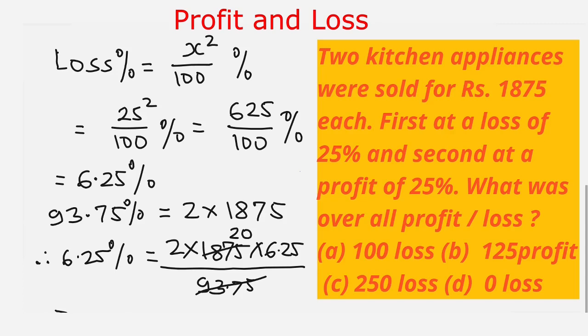So this is equal to 40 multiplied by 6.25. So 4 multiplied by 6.25 is 25, and thus 40 multiplied by 6.25 is 250.